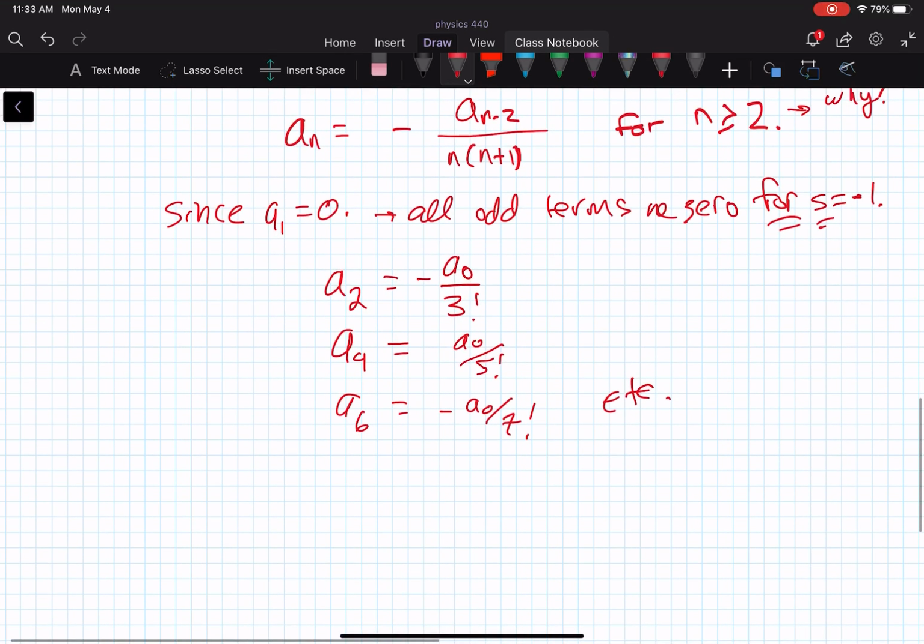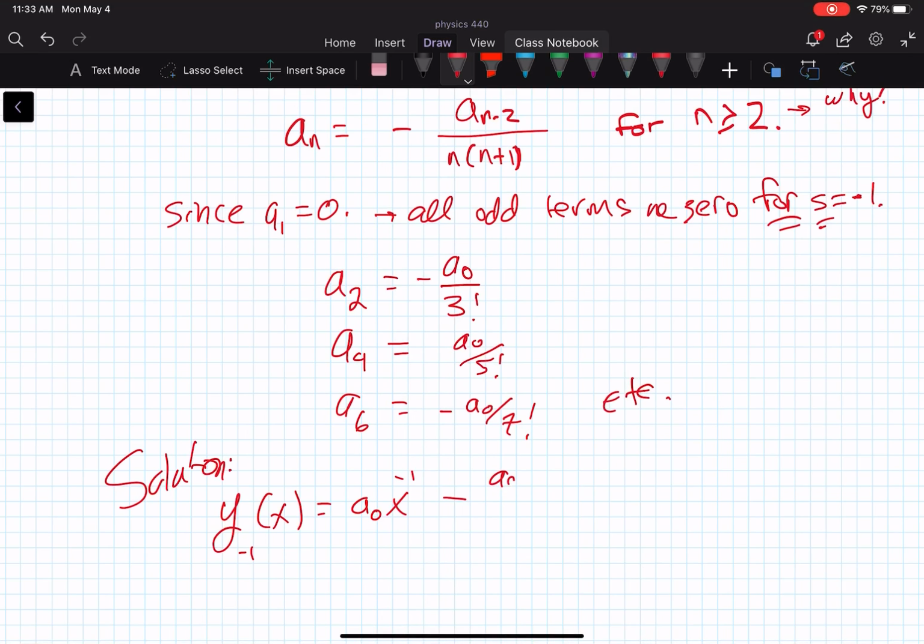So that means that the y sub minus 1 solution of this differential equation is a naught x to the minus 1 minus a naught over 3 factorial x plus a naught over 5 factorial x cubed minus plus and so on.